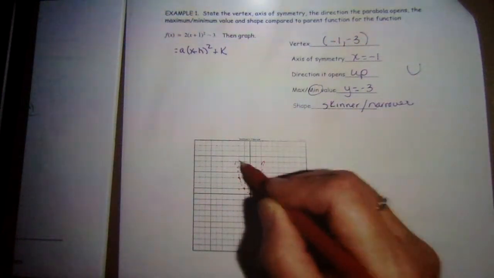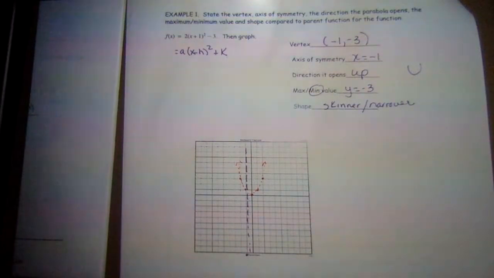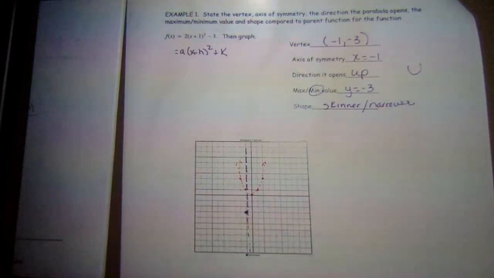Right there's the parent graph. All right. Now let's graph what we know about this one. We know at x equals negative 1, we have the axis of symmetry. We also know at negative 1, negative 3, we have the vertex.